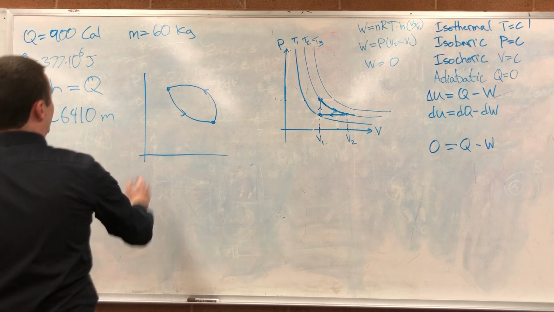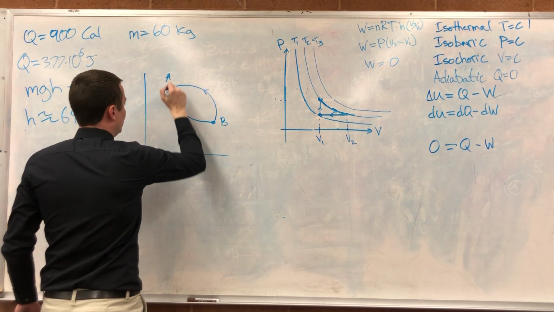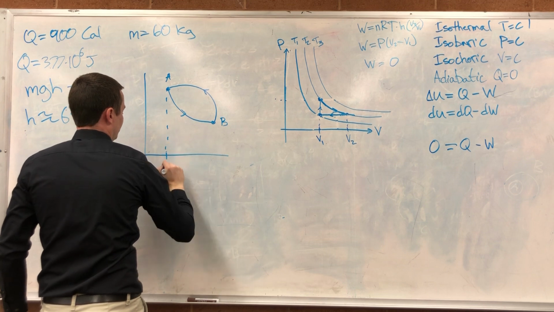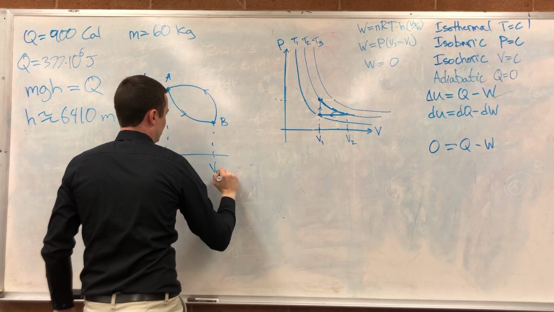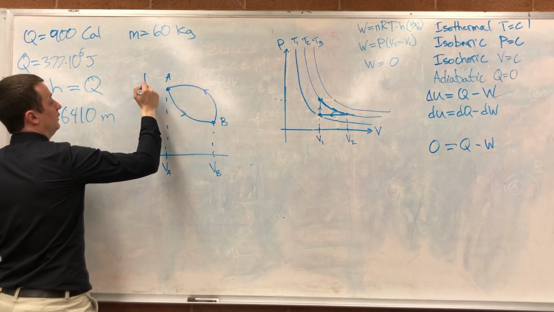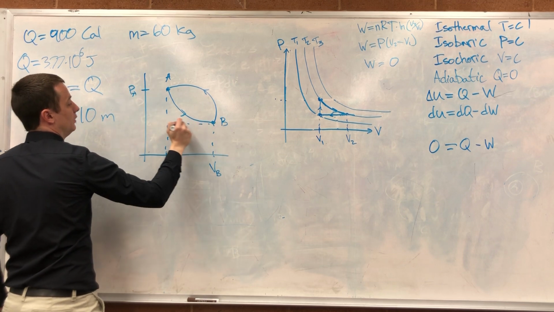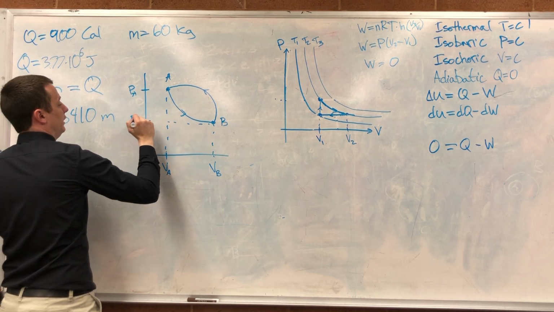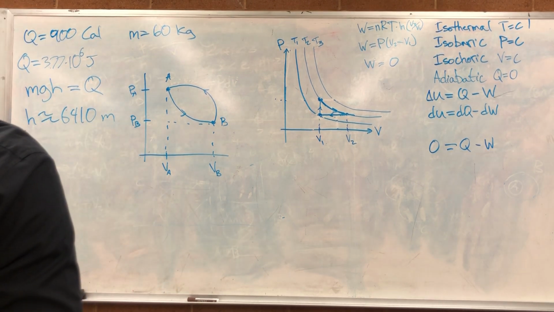And then just mark some points. This is point A, this is point B, this is a volume at A, this is a volume at B, this is the pressure at A, and this is the pressure at B.